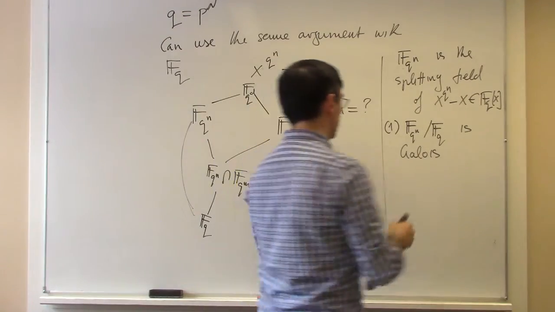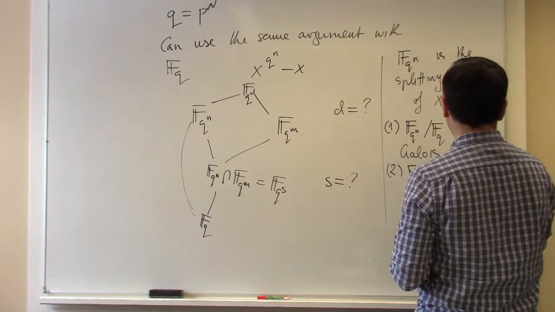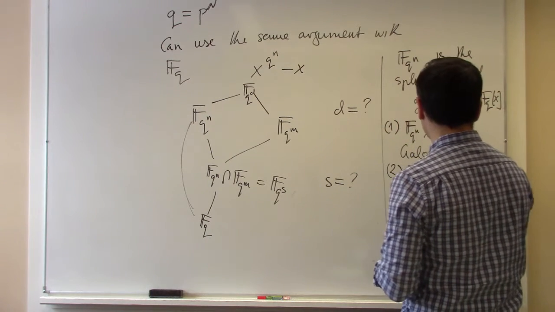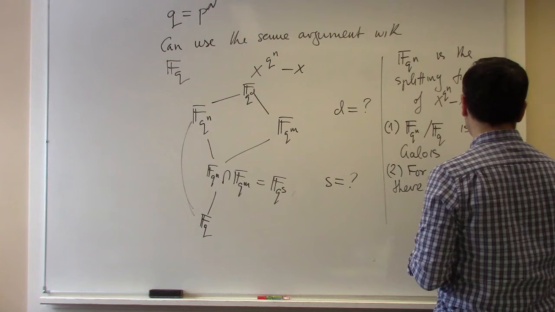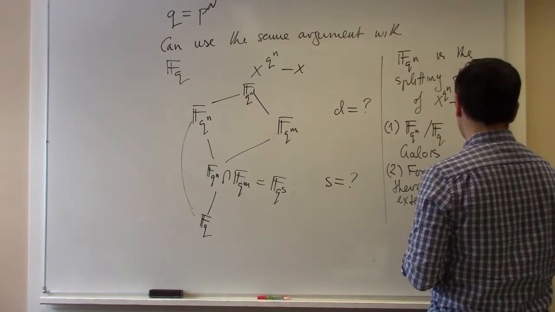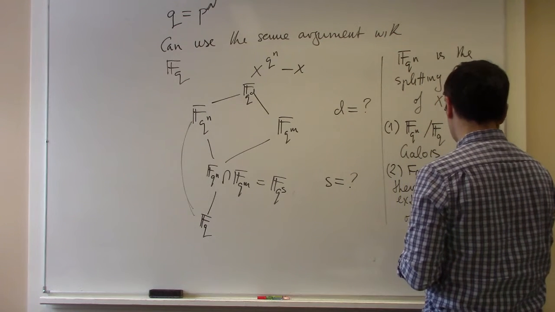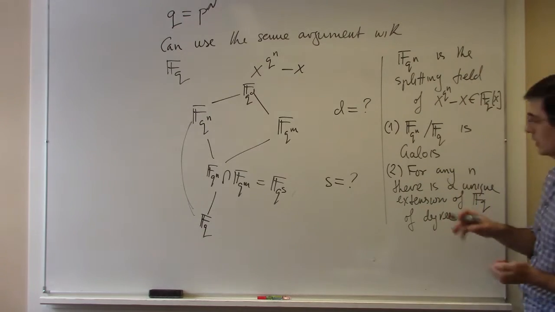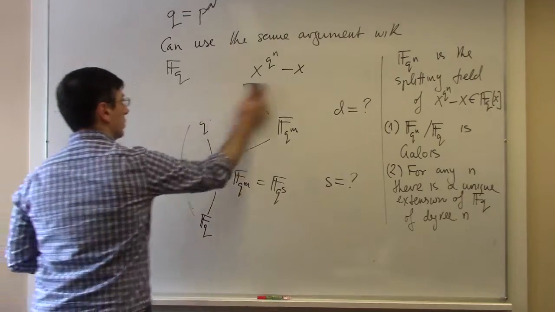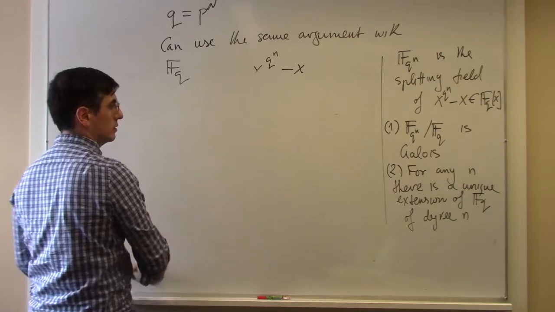Okay? And then for any n, there is a unique extension of F_q of degree n, unique up to isomorphism. Now, these facts are definitely false for other fields.